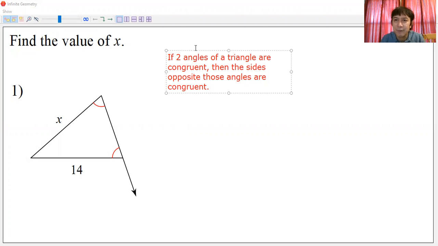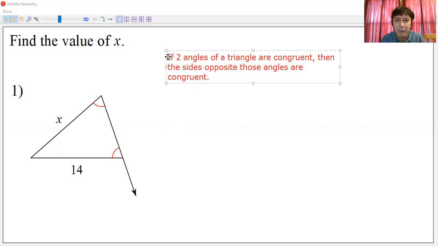So we can actually make use of this. If two angles of a triangle are congruent, then the sides opposite those angles are also congruent.